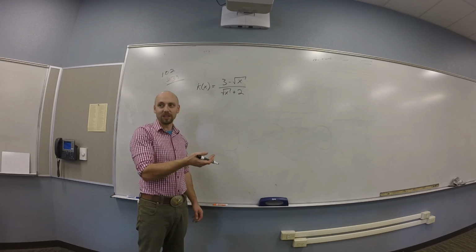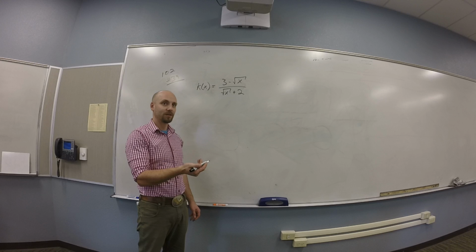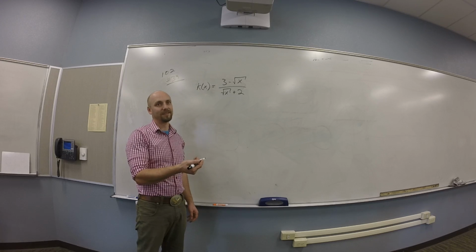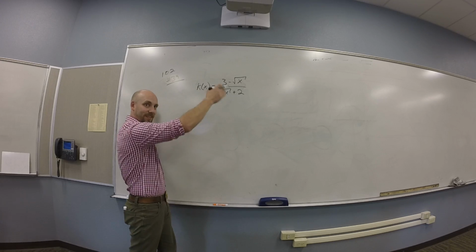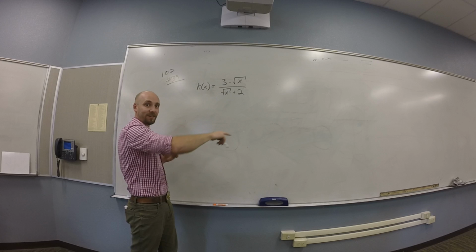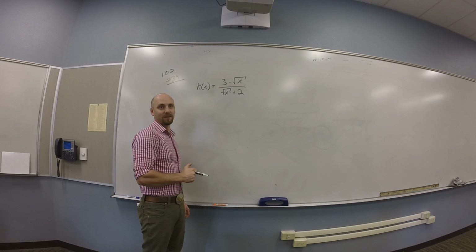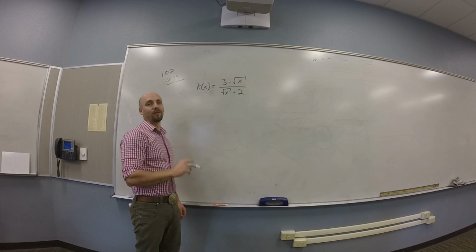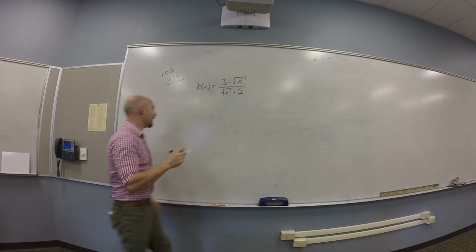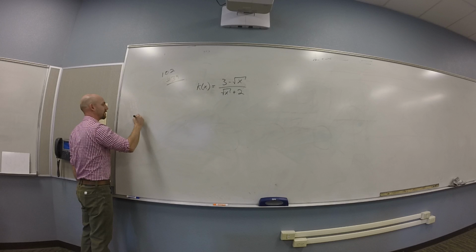X squared clearly doesn't pass the horizontal line test because it looks like this thing, right? Like, it really clearly hits twice for basically every horizontal line. But the inverse of a square root being squaring doesn't have a plus or minus.